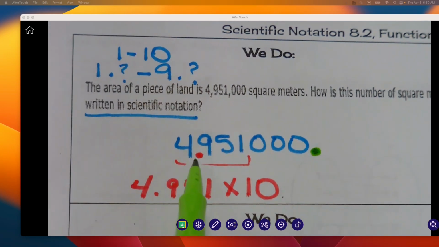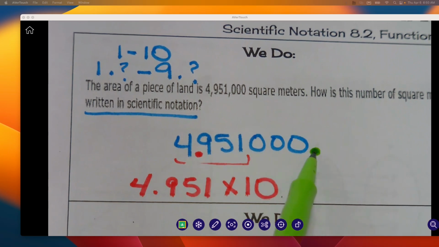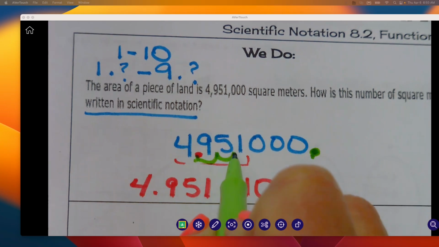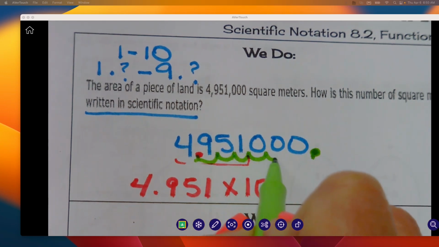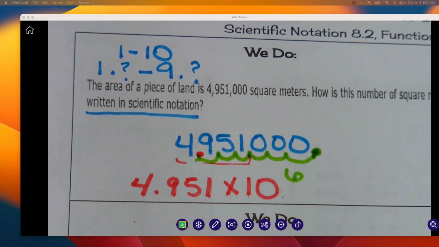Our new decimal point is here so that the number is between 1 and 10. So from our original decimal point to our new decimal point, we're going to move and we're going to count. Remember, you're not going to start counting until after you move. So I move 1, 2, 3, 4, 5, 6.